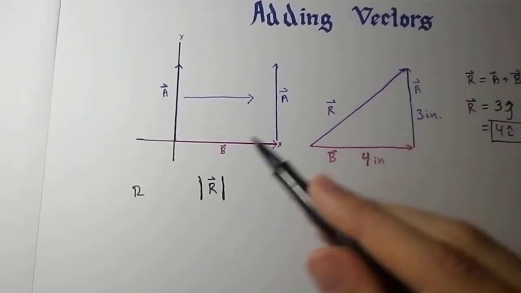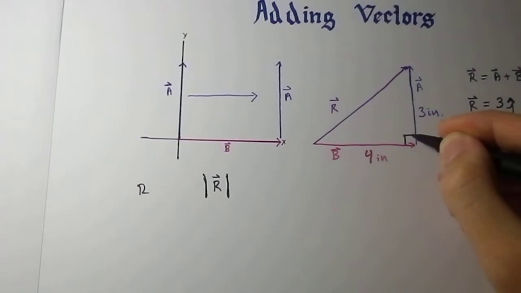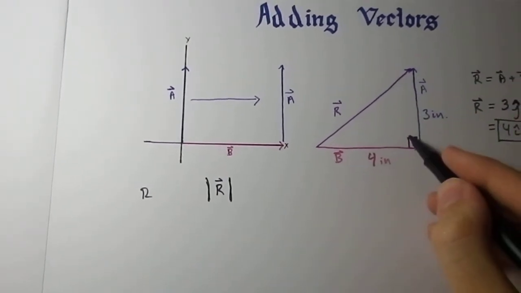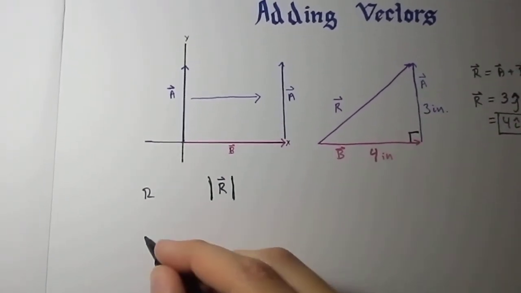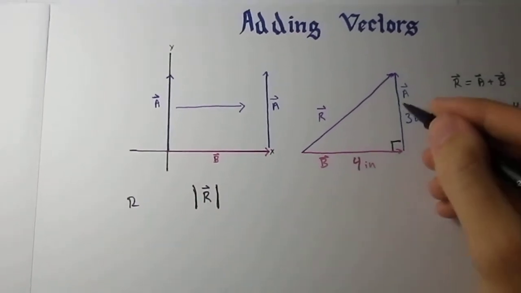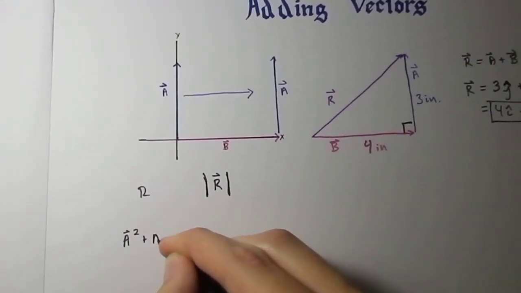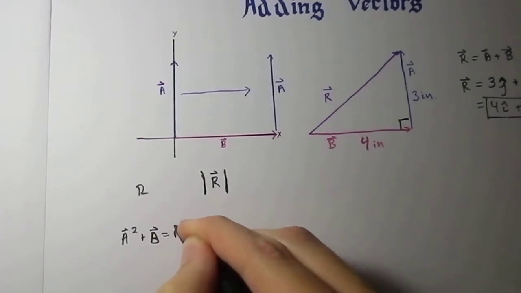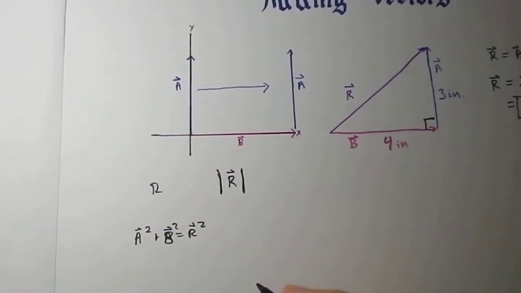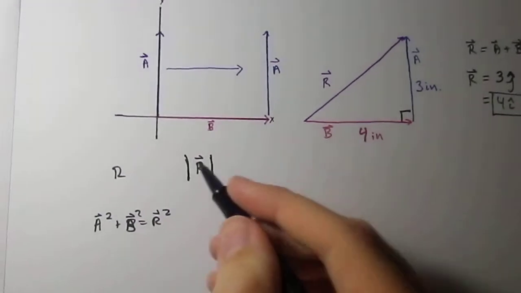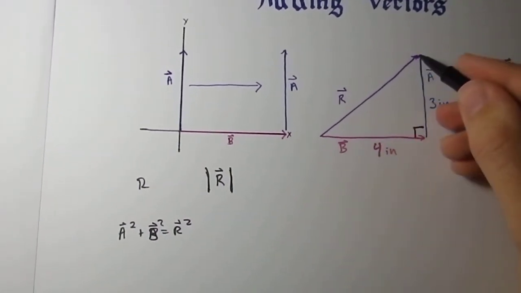How do we find this distance? Remember the Pythagorean Theorem, which says vector a squared plus vector b squared equals vector r squared? Well, that's exactly what this length is going to be.